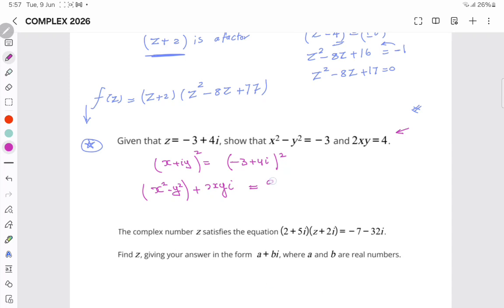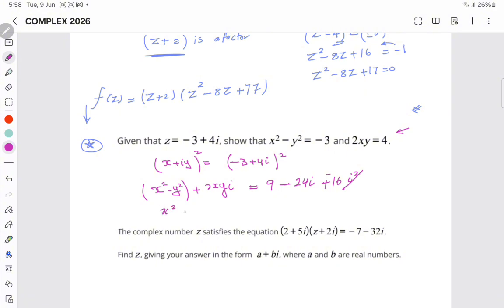and that it will be equal, first squared it will be 9, first times second times 2, it will be negative 24i, 3 times 4 12 times 2 negative 24, second squared it will be 16i squared. So as you know, i squared here, it will be negative.